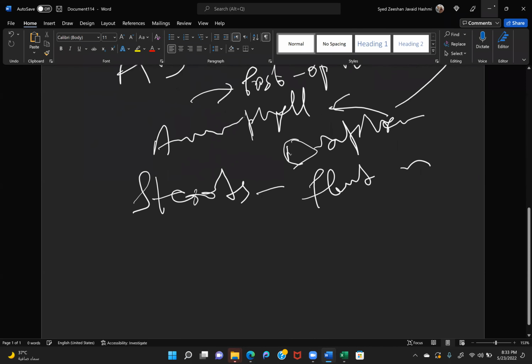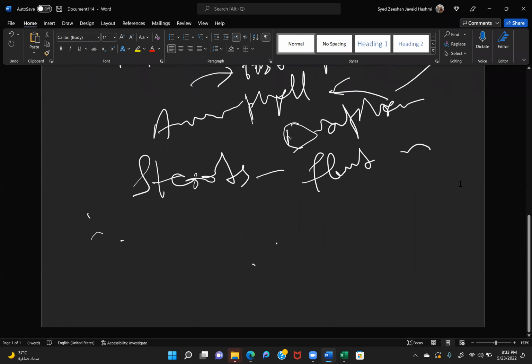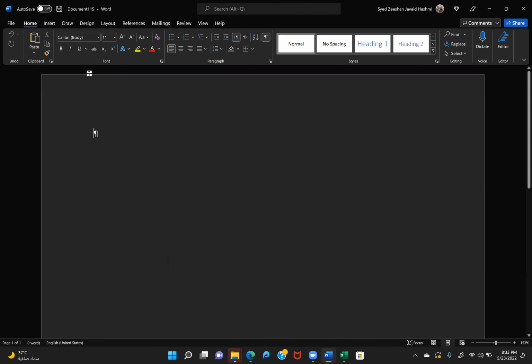Similarly, in both thyroid crisis and myxedema coma, you have to anticipate and act accordingly, with post-operative HDU and stress factors and things like that.